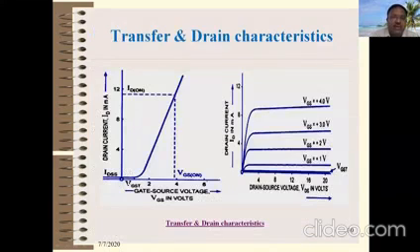If VGS increases to 1 volt, 2 volt or so, the current is ideally 0. This is called IDSS, right? After this, if you increase the value of VGS, your current increases not linearly but exponentially.